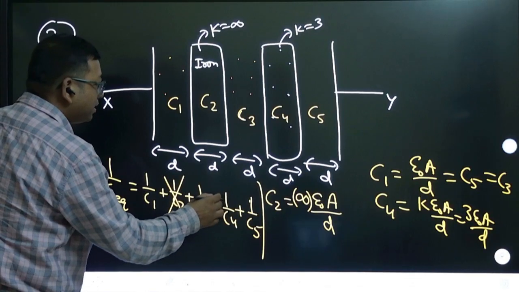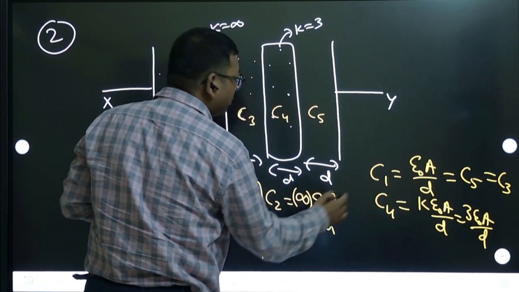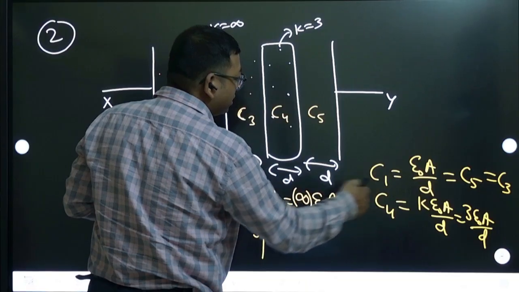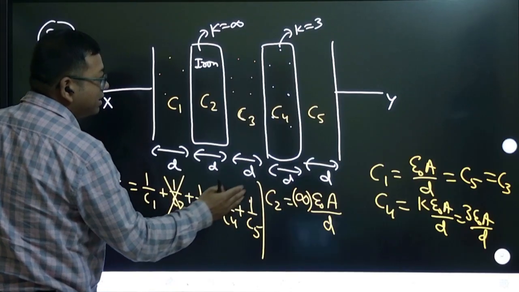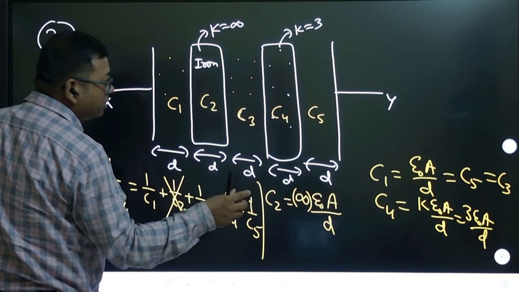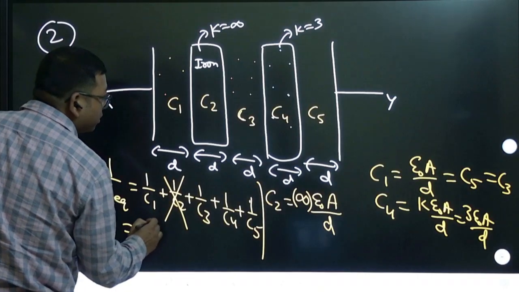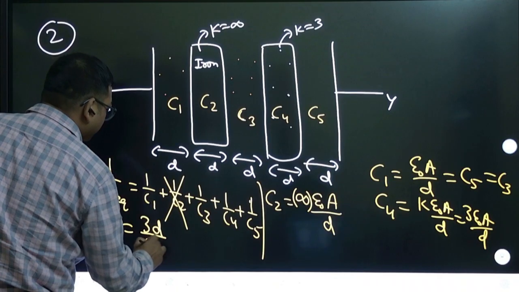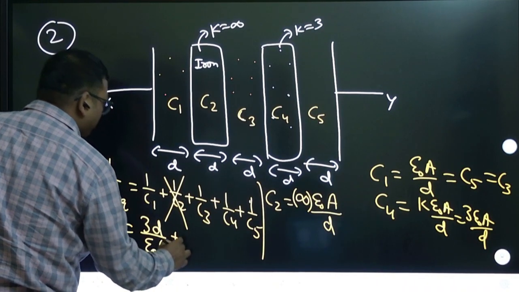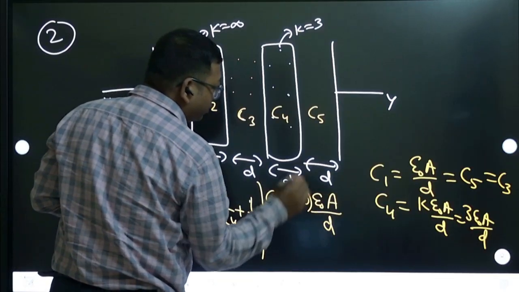Now you do that. So C1, C3, C5 are the same. So they are going to repeat. So it will become the inverse of that. So 3 times D by epsilon naught A will come, plus C4. C4 is this, right?